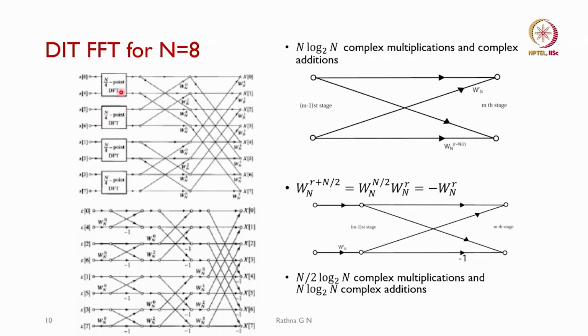So, now what we will do is we have all our inputs here. This n by 4 point DFT is nothing but only a single butterfly in this case. So, we will replace this with a single butterfly and then put the weights here. We know that W_N 0 is equal to 1, so we can avoid the multiplication here, and then we have minus 1 basically.